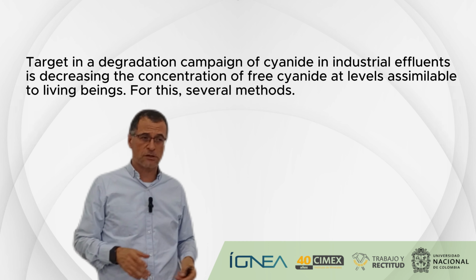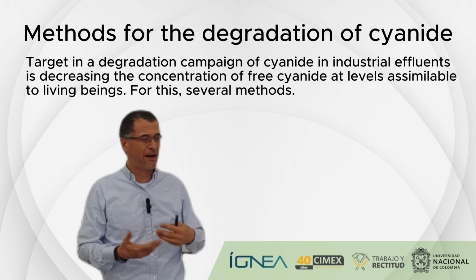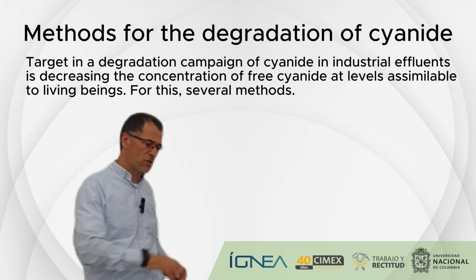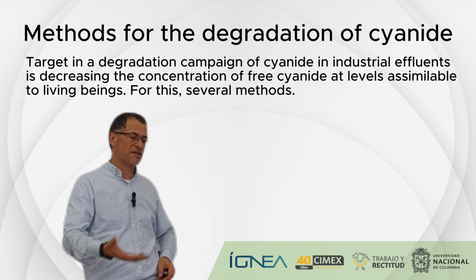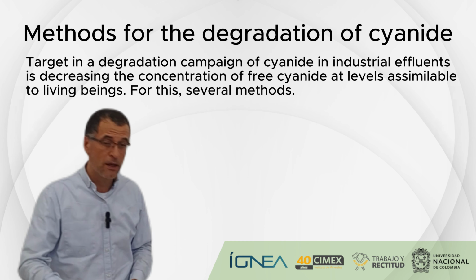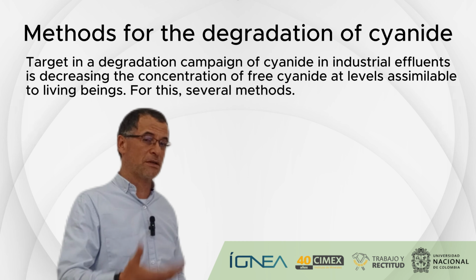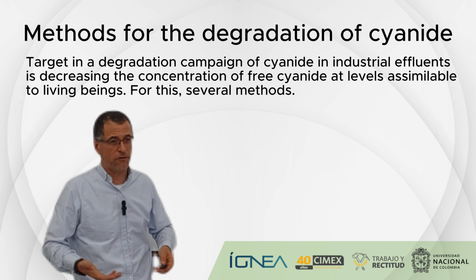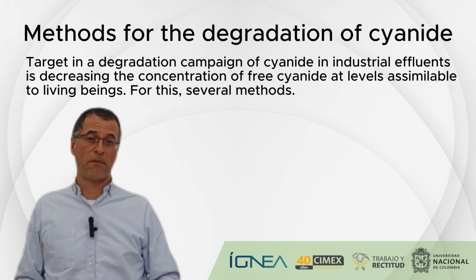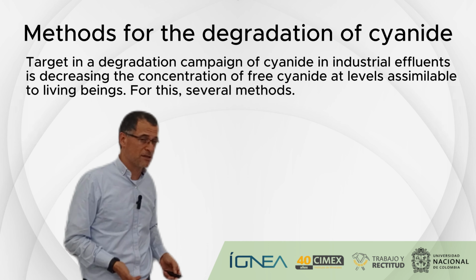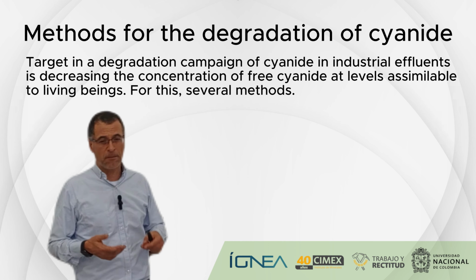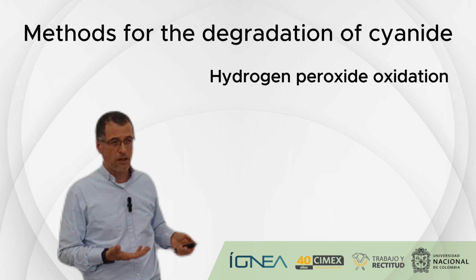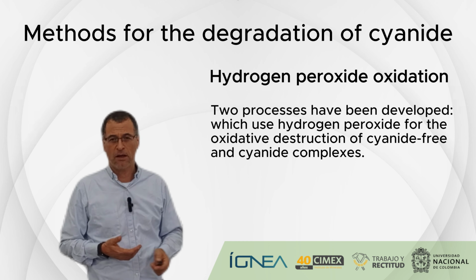One of the topics is the degradation of cyanide. When you have a cyanide solution, you have to degrade the cyanide in order to avoid its bad consequences. Different methods exist to degrade the cyanide, and the most common method is using peroxide.